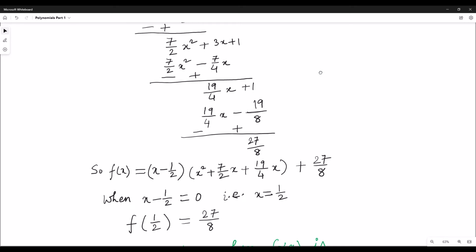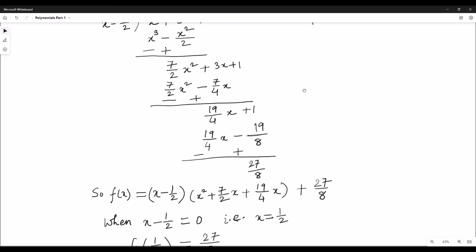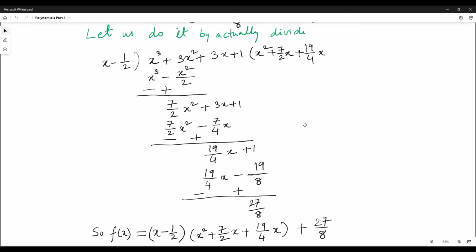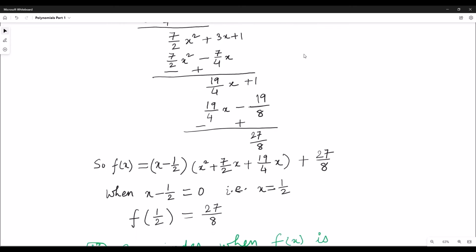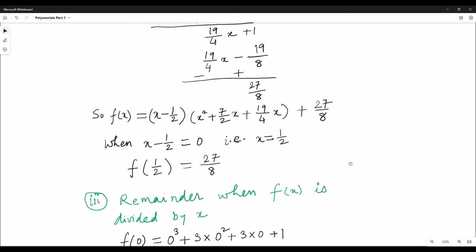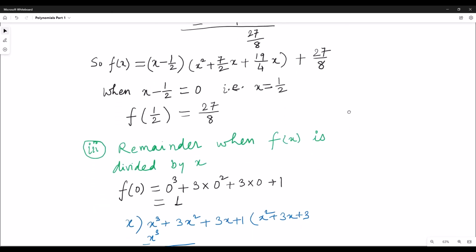Formula is important to quickly solve the problem, but to understand the problem, you have to do it by first principles. You have to actually divide. You have to do the hard work of finding out how it is happening. So that is the way to read maths. I am telling this repeatedly: anything you want to understand, you need to start with first principles.